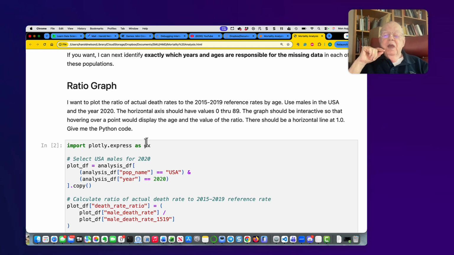What I'm doing is comparing a year, and I'm focused really initially on the period right after COVID started. So 2020 is when COVID began.